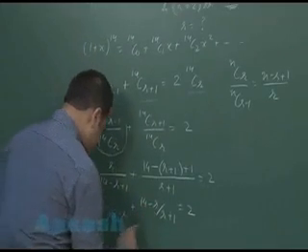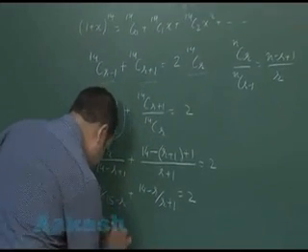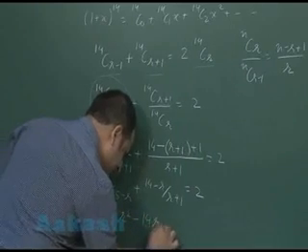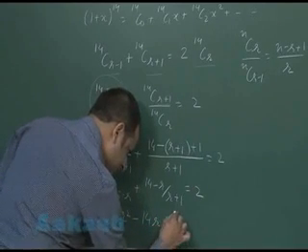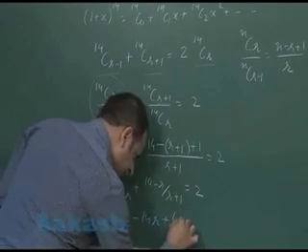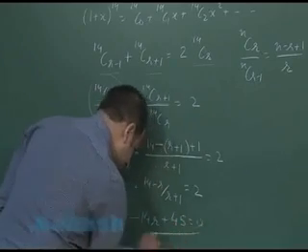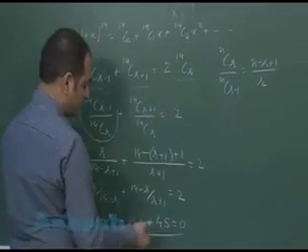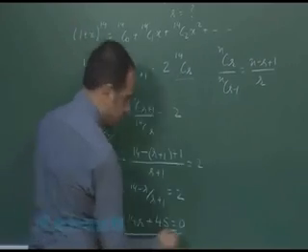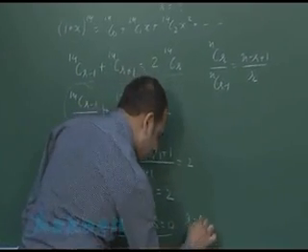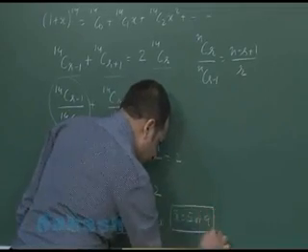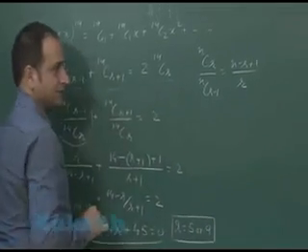Solving this expression, you will be getting a quadratic equation r square minus 14r plus 45 is equal to 0. You have to take the LCM, then cross multiply the terms. You will be getting this quadratic equation, and from here the value of r will be either 5 or 9. Both the values are possible.